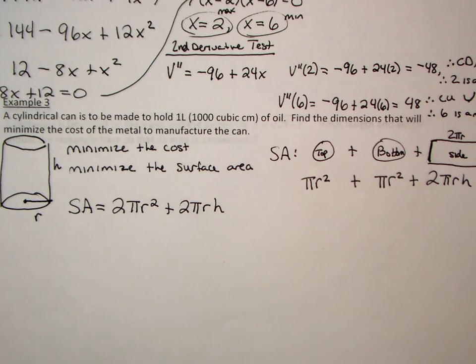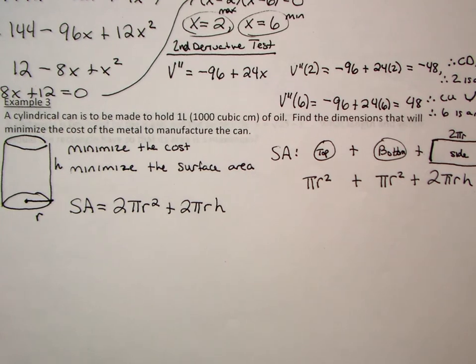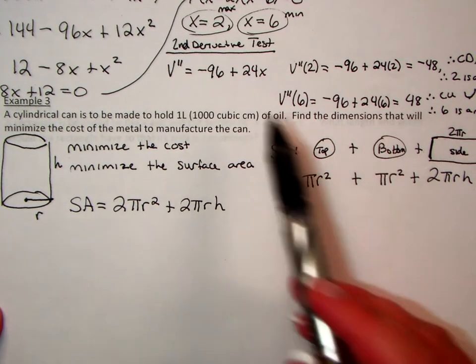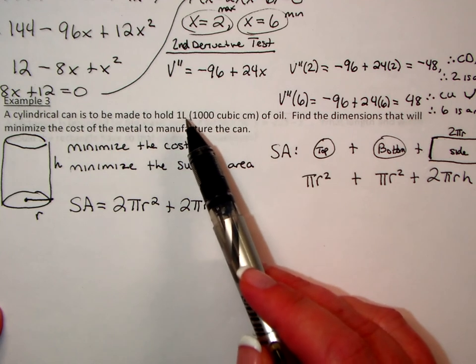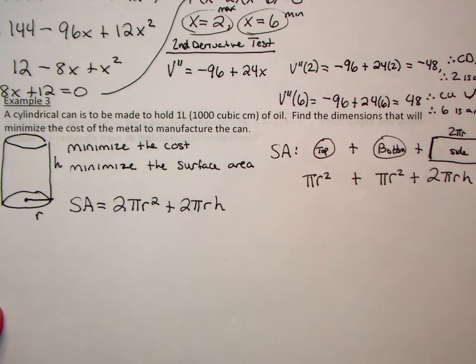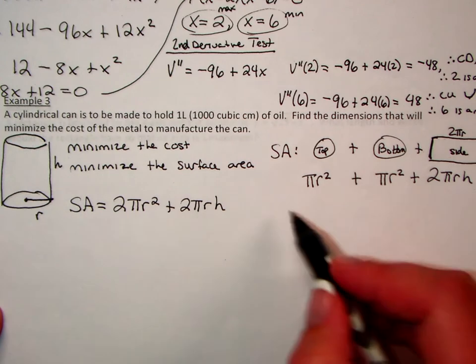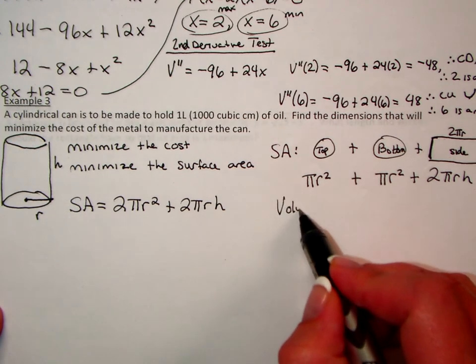So there has to be an equation given in this problem that helps us eliminate one of those variables, and that is the fact that this can holds 1 liter. So the volume of this can is 1 liter.